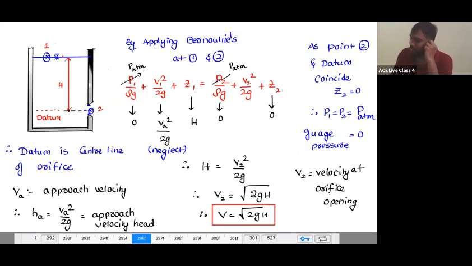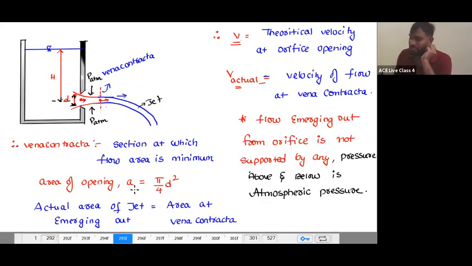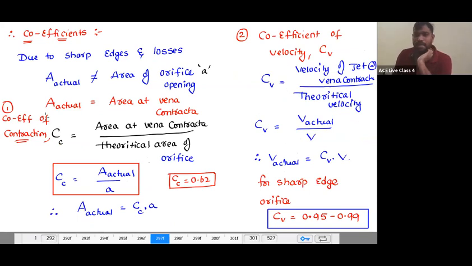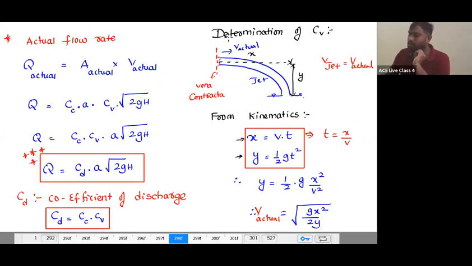Okay, this is just by applying Bernoulli's principle. I hope you understood how I got this theoretical velocity. So I know the theoretical area of opening, the area of orifice, pi by 4 d square, and theoretical velocity as root of 2gh, and from that I can find out Cc and I can find out the Cv. So by using the kinematics, I have derived what is Cv.